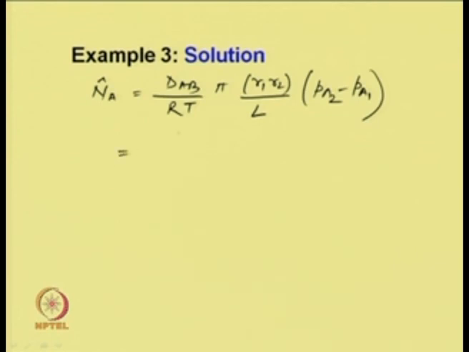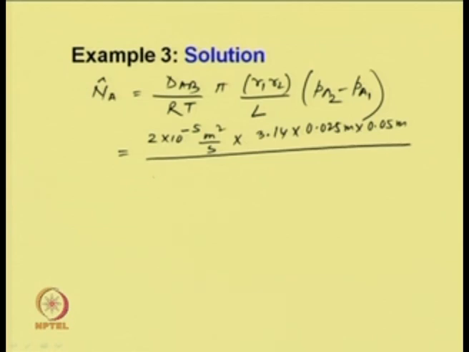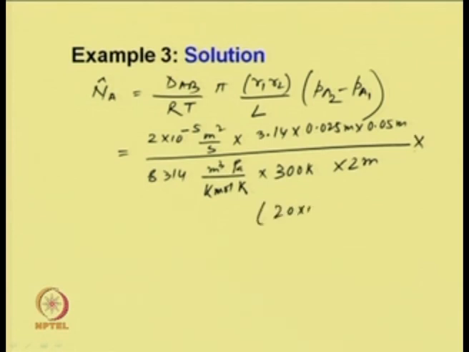So, the value given is 2 into 10 to the power minus 5 meter square per second into 3.14 into 0.025 meter into 0.05 meter divided by 8314 meter cube Pascal per K mole Kelvin into 300 K into 2 meter multiplied by 20 into 10 to the power 3 Pascal minus 5 into 10 to the power 3 Pascal.